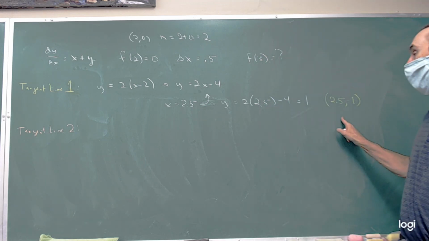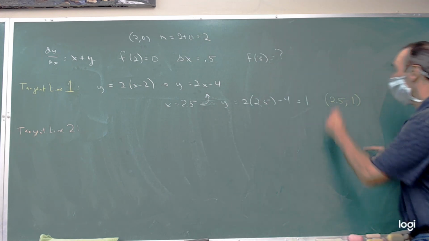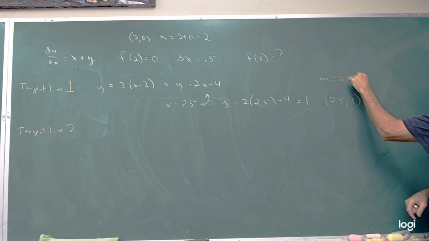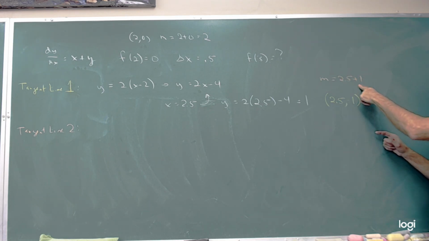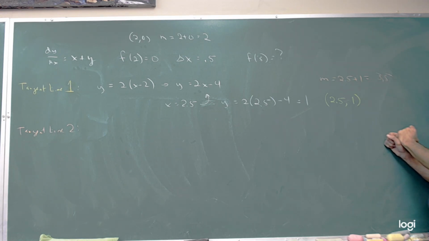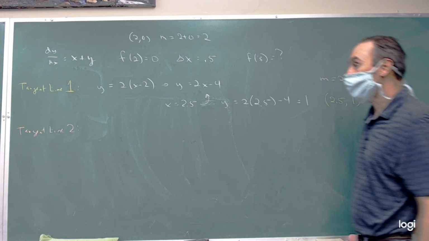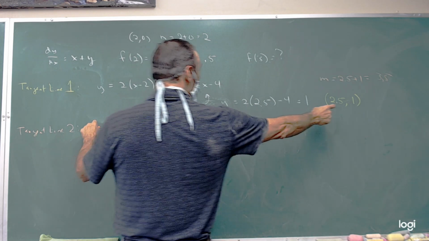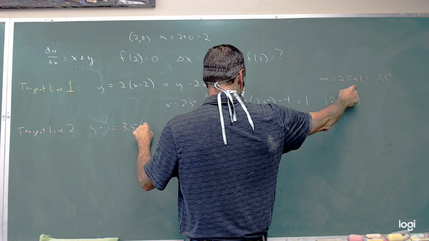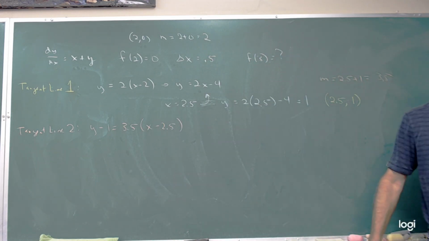And using that point with our differential equation is going to give us a slope here of, I'm going to write it out, 2.5 plus 1, the x plus y, which is going to be 3.5. Okay? Point slope, we write our tangent line. So it's going to be y minus 1, our slope, 3.5, times x minus 2.5.